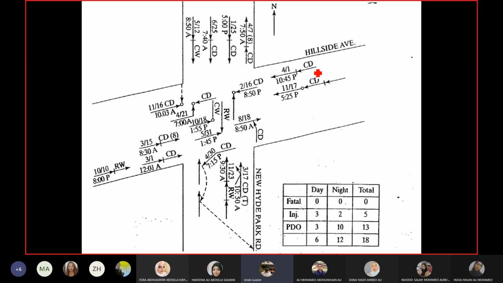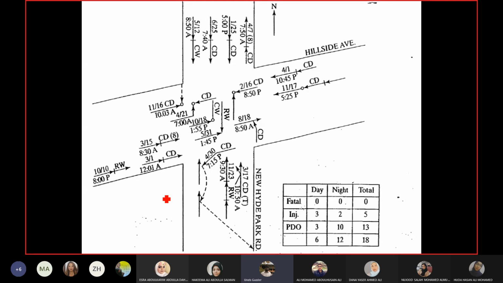Some of the alphabets we have already discussed. If it's like this one, a truck, we already know that because this is as per the standard symbol. But the other alphabets you see, C, D, R, W, and so on, they represent the condition of the site at the time of accident. So maybe the pavement was wet, maybe there was fog, maybe there was rain, and so forth.